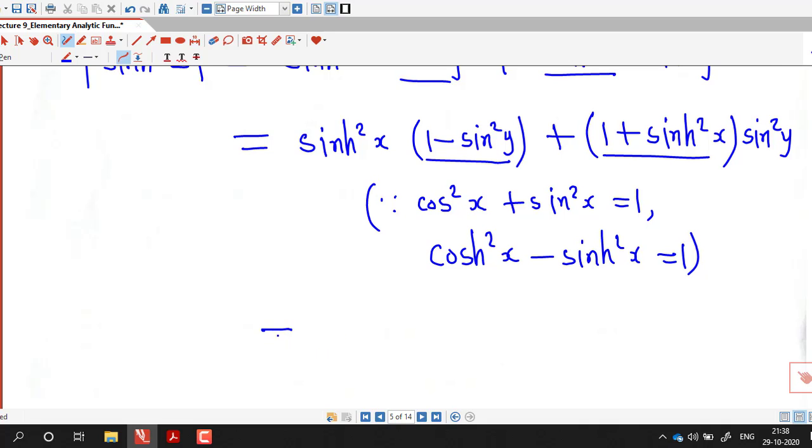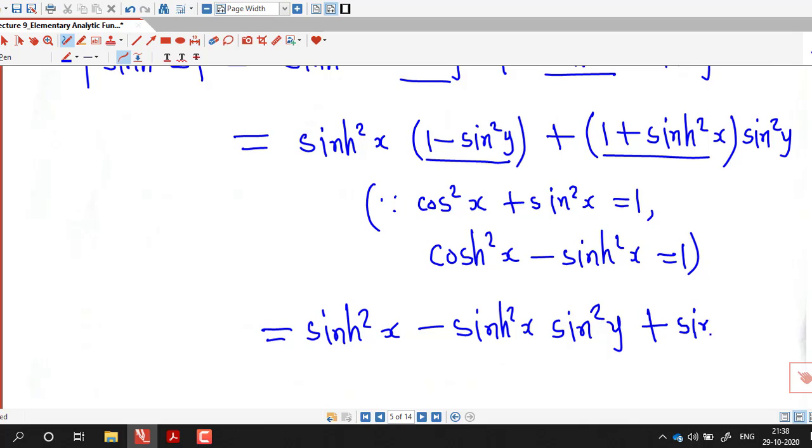Now if we simplify this, we have sin hyperbolic square x minus sin hyperbolic square x into sin square y plus sin square y plus sin hyperbolic square x into sin square y.